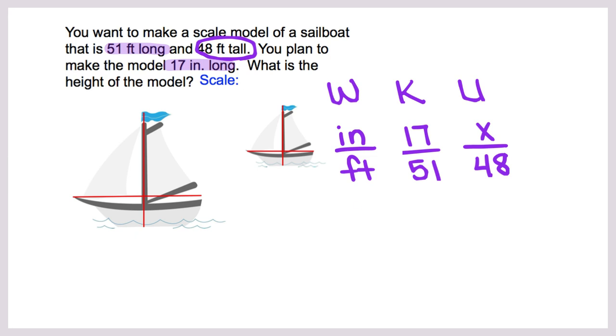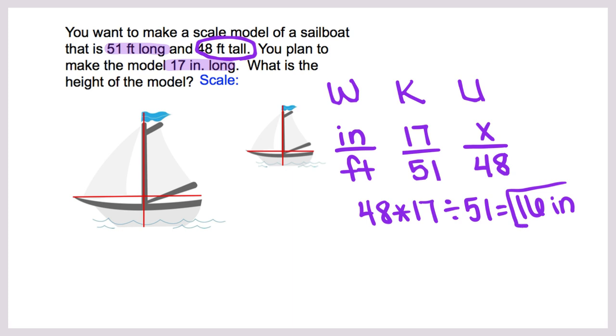So we're going to cross multiply: 48 times 17, divide that by 51. And how tall? 16 inches. Same thing, just different words. Exactly. It's all about finding the relationships here. Now, how would I find the scale? I told you guys we were going to find the scale on this as well.